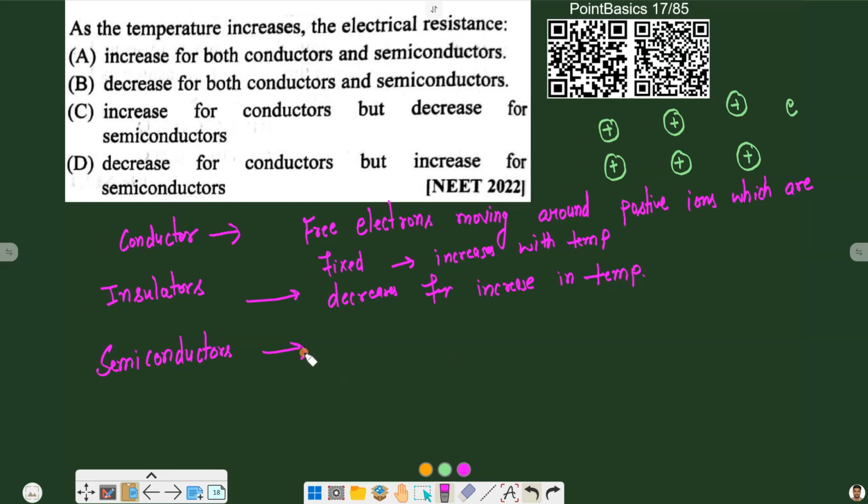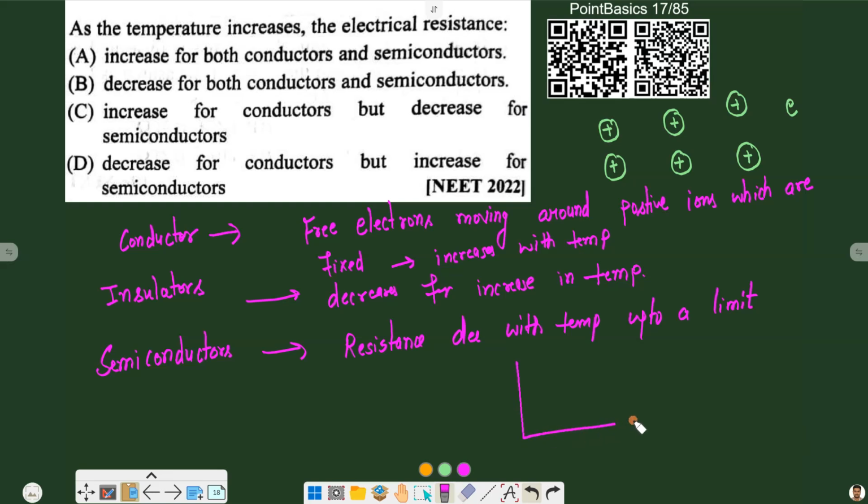And so when they become free, they start conducting. So again, in case of semiconductors, resistance decreases with temperature up to a limit. After that, the positive ions of the semiconductor again start vibrating, and resistance increases.